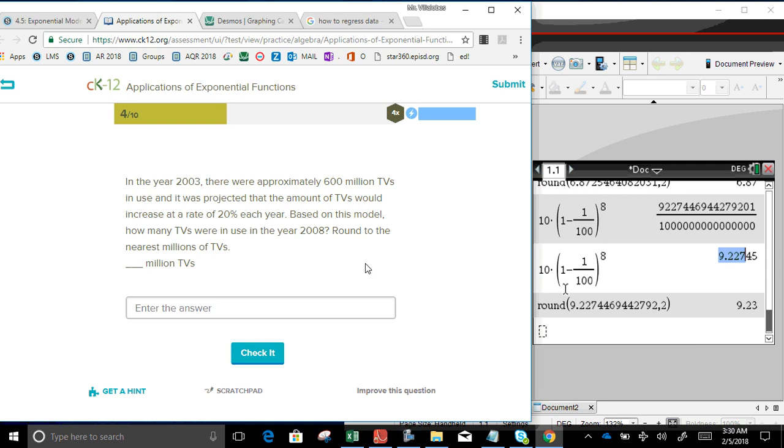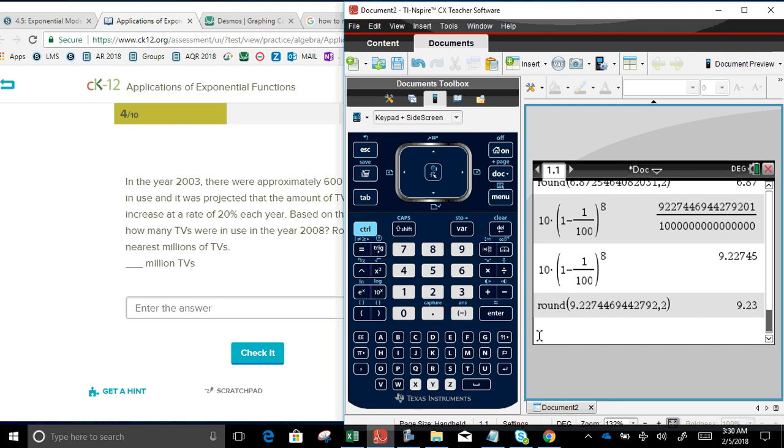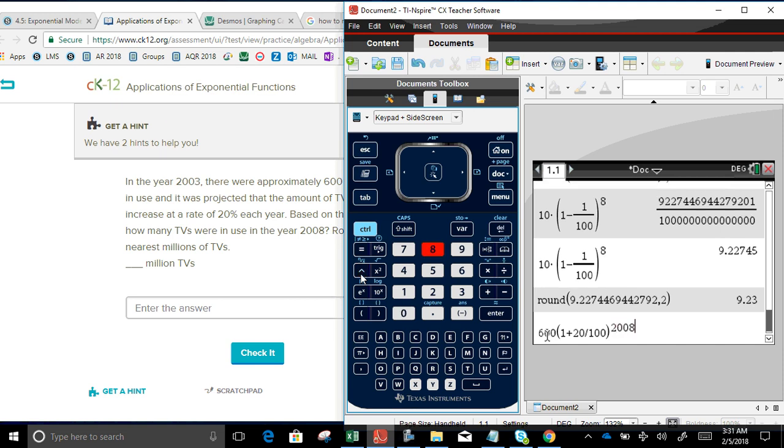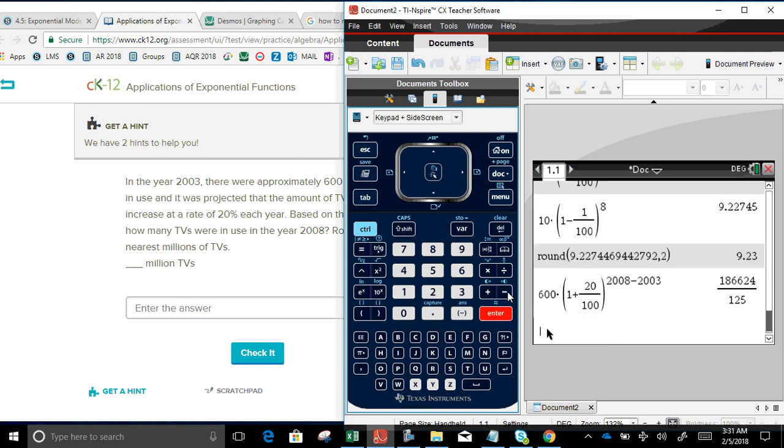In the year 2003, approximately 600 million TVs were in use, and it was projected the amount of TVs would increase by 20% every year. Based on this model, how many TVs will we have in 2008, rounded to the nearest million TVs? So we start at 600, multiplied by 1 plus 20% to the power of 2008 minus 2003, and control enter.